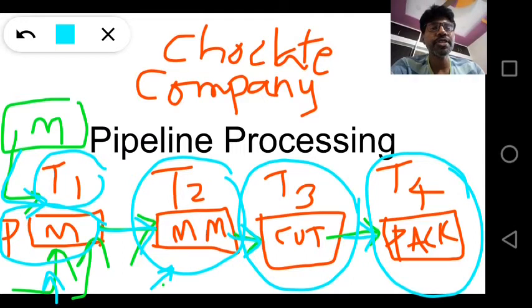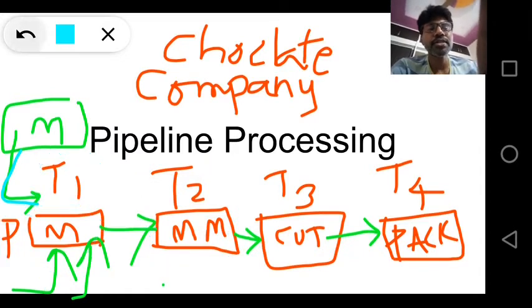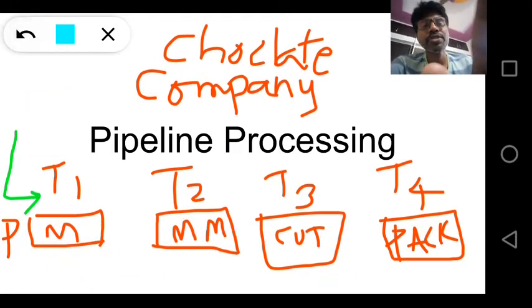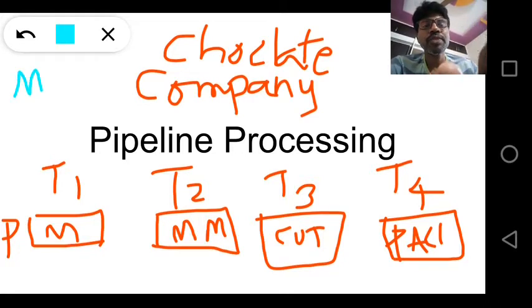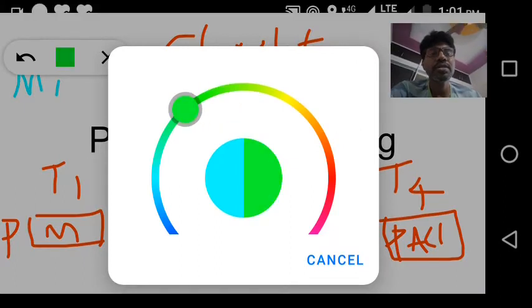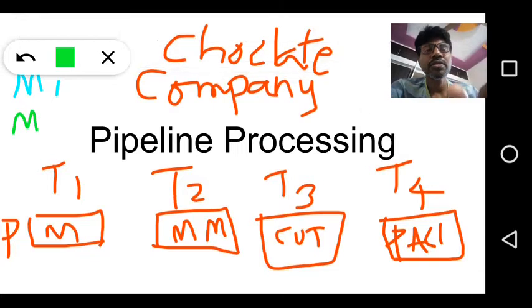Let me explain with a proper example so that you can understand better. It's really necessary and important to understand this pipeline processing. What is its exact significance? Let us assume I have material 1 and material 2.